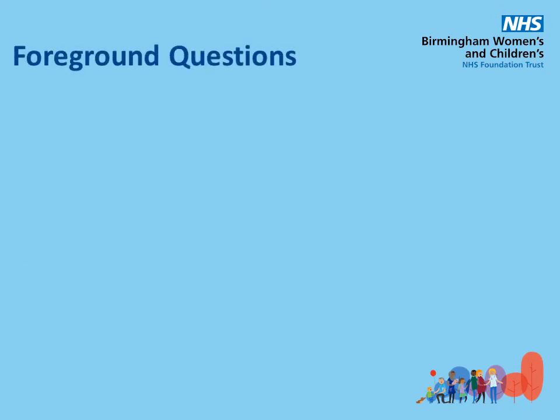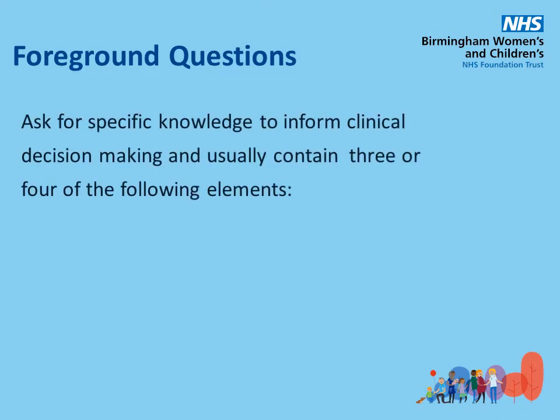Foreground questions, on the other hand, ask for more specific knowledge that is intended to inform our clinical decision making, and they usually contain 3 or 4 of the following elements. An element about the person, the population, or the problem, or indeed a combination of all 3.